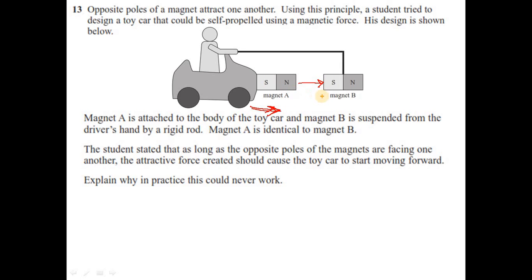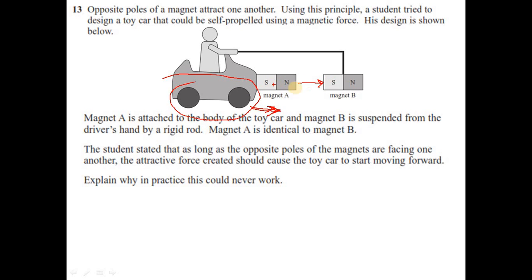The idea is, because both magnets are identical, magnet A applies force on magnet B, and due to Newton's third law, magnet B attracts magnet A with the same amount of force. The key idea is both forces are connected with the same object. A is directly connected with the car, and B is connected with the car through the student.